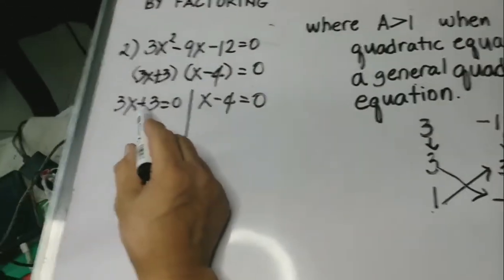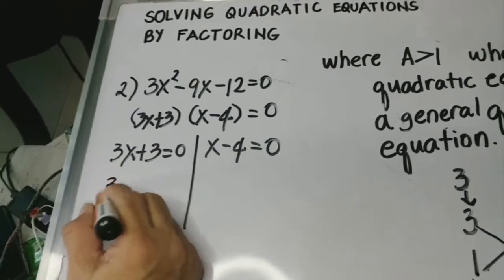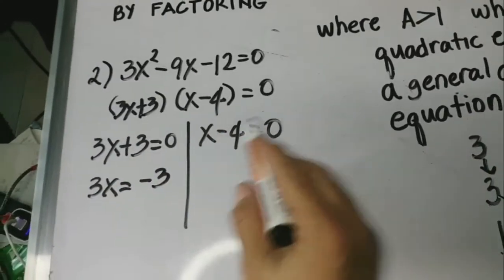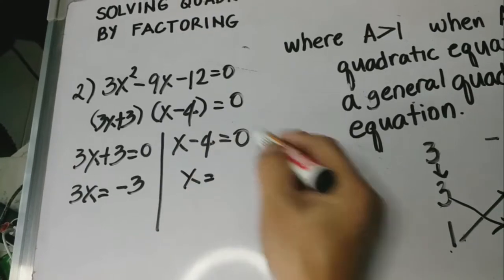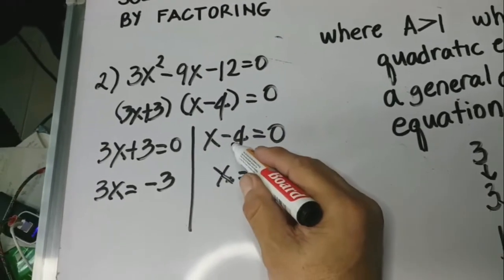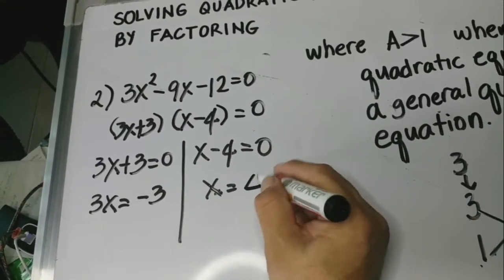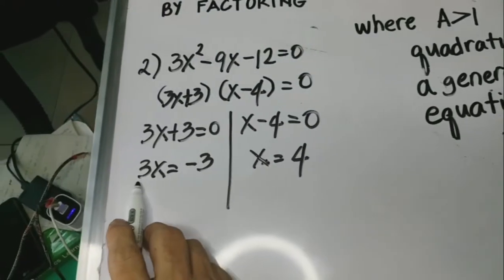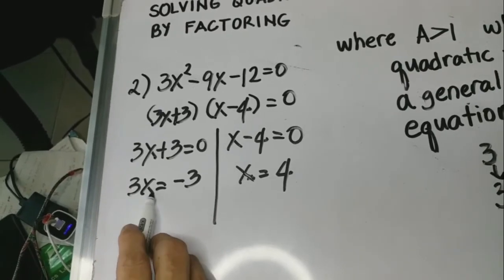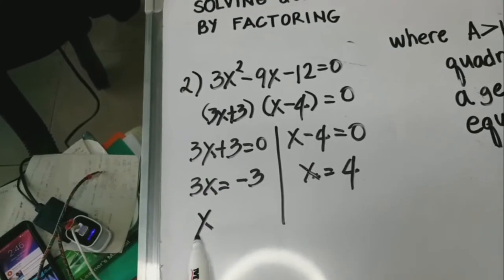Then transferring positive 3 to the right side of the equation, thus making the equation 3x equals negative 3. In here, x equals, transferring negative 4 to the right side of the equation, this becomes positive 4. Now, eliminating 3, which is the numerical coefficient of x, so x now is left.